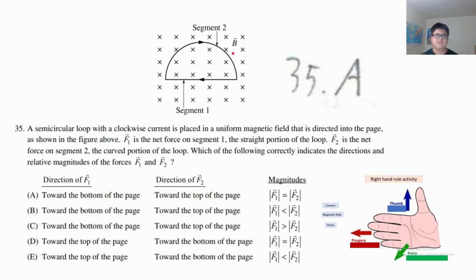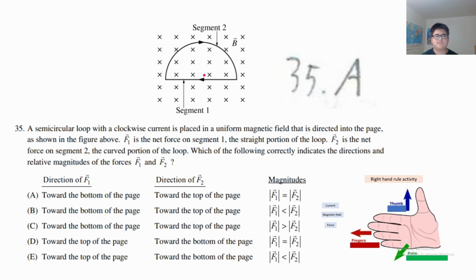Now this may sound wrong, because segment 2 is much longer than segment 1. However, you're only looking at the part of segment 2 that points towards the right. The amount with which segment 2 points towards the right is the same as the amount with which segment 1 points towards the left. So the magnitude of the magnetic force of segments 1 and 2 have to be the same.